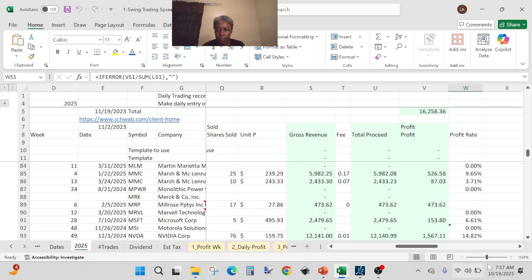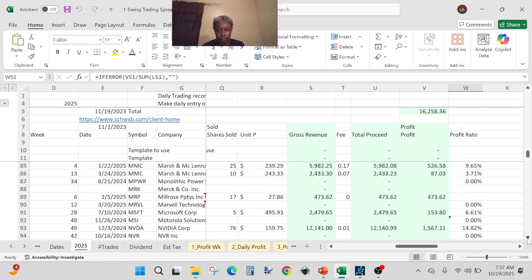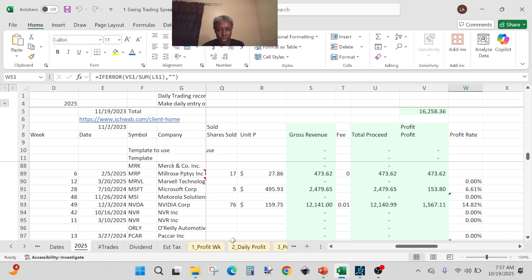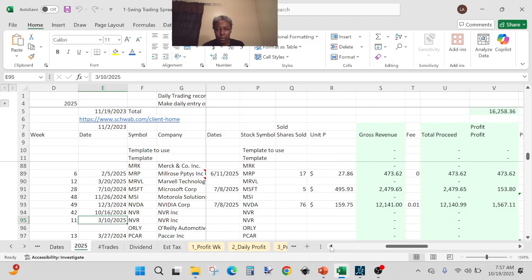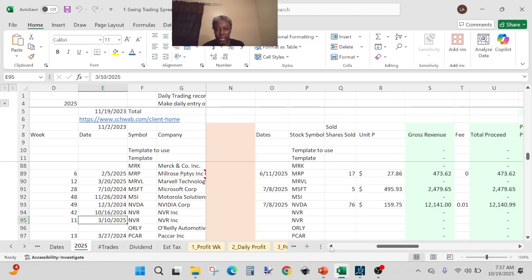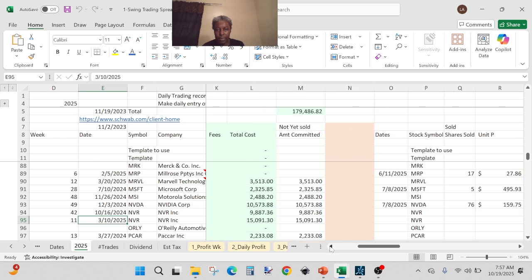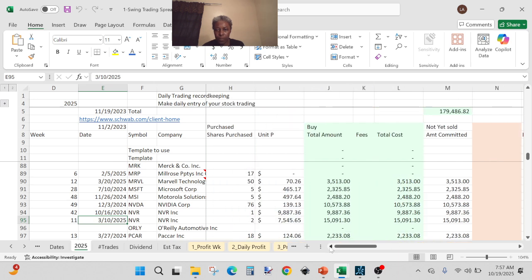So NVR, okay, so you can see we have those 2 purchases there. It was on the 10th, so that will be on that green bar that we purchased it, and the following day it became negative again.